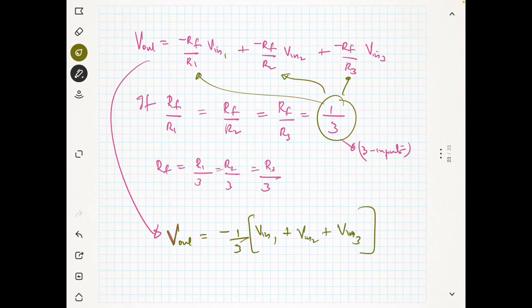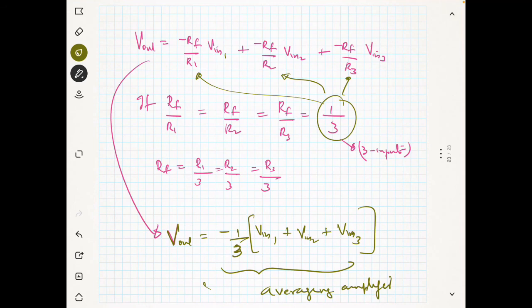Actually 1 by 3 multiplied with V in 1 plus V in 2 plus V in 3. It is nothing but the average, right? Because how do you find average? You add everything and divide by the total number. So this is nothing but the averaging amplifier.